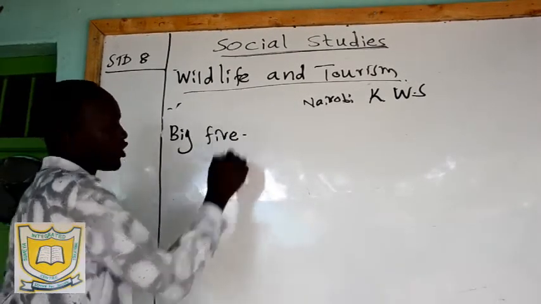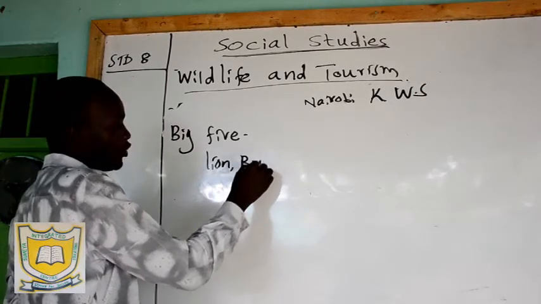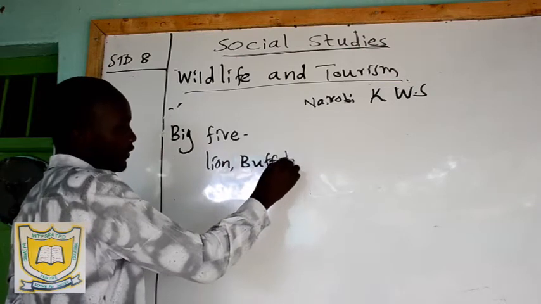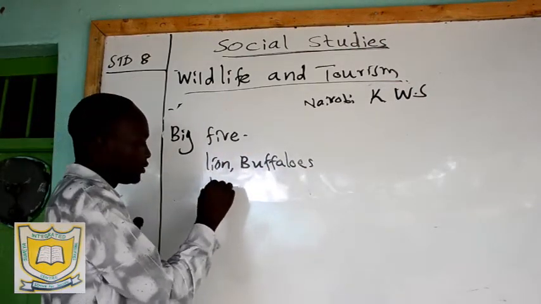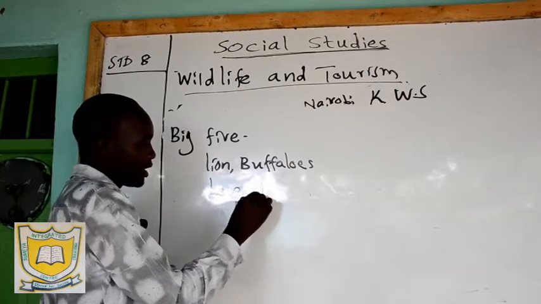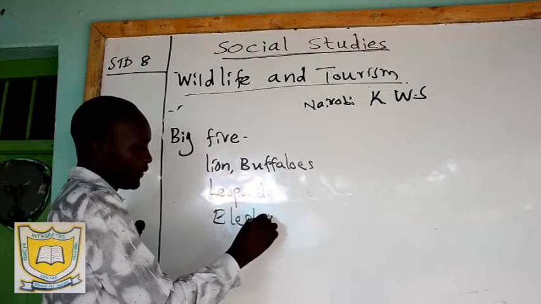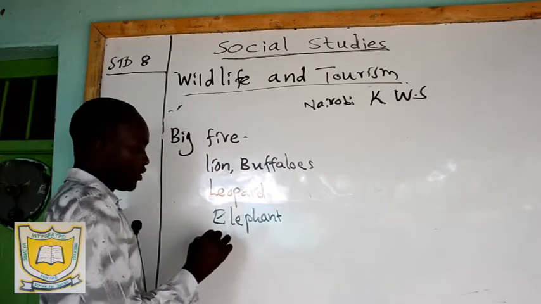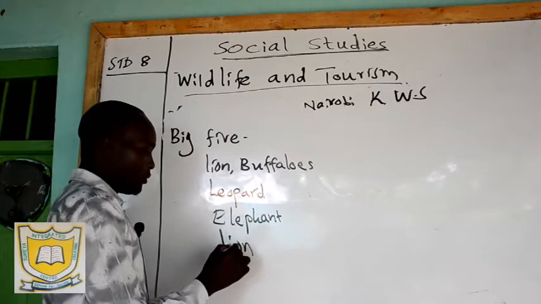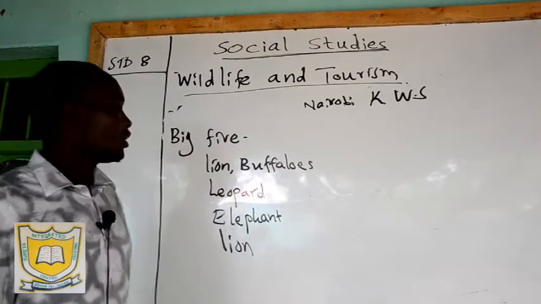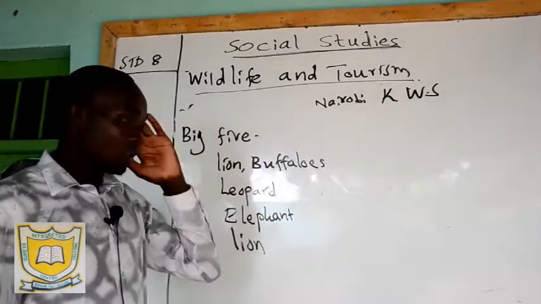The big five are the lion, buffalo, leopard, elephant, and then the king of the jungle, that is the lion. These are called the big five animals in the park. You'll find them in the reserves and even in the national parks.